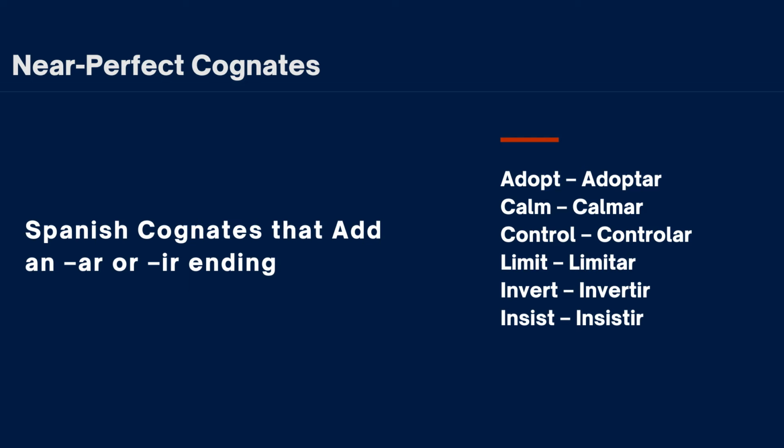Some examples are Spanish cognates that add an R or -ar ending, such as adopt, adoptar; calm, calmar; control, controlar; limit, limitar; invert, invertir; and insist, insistir.